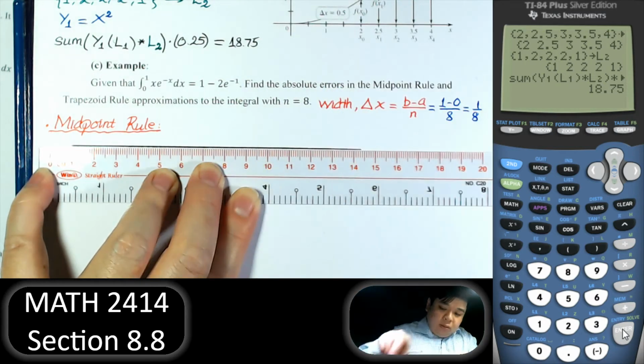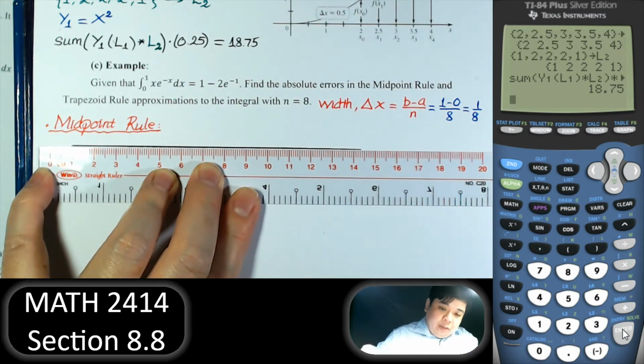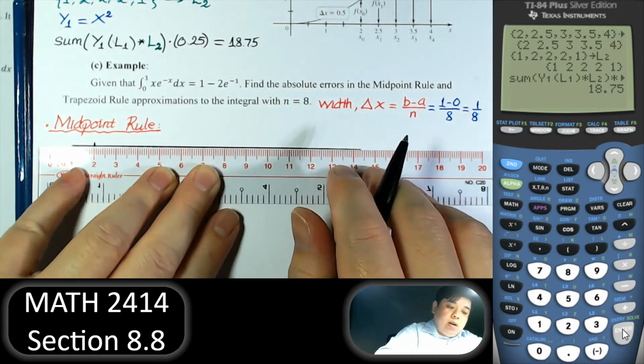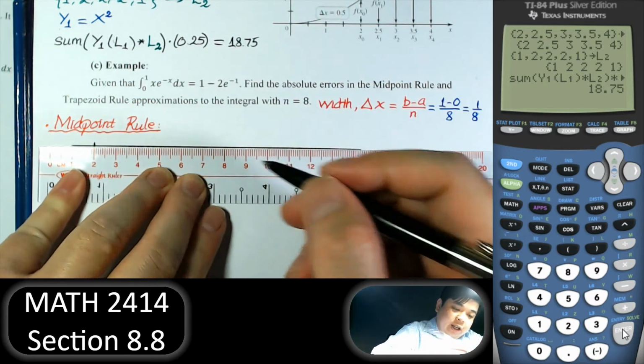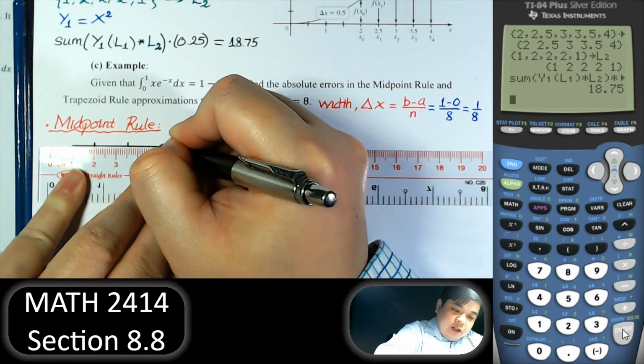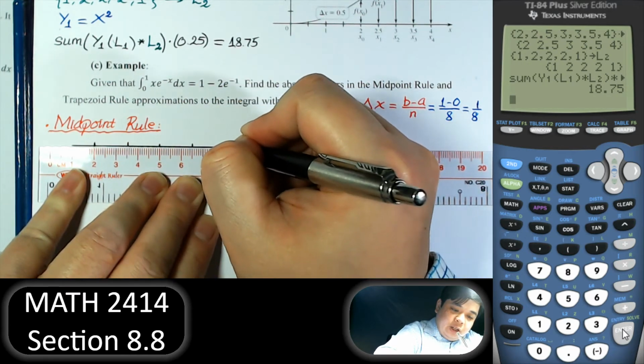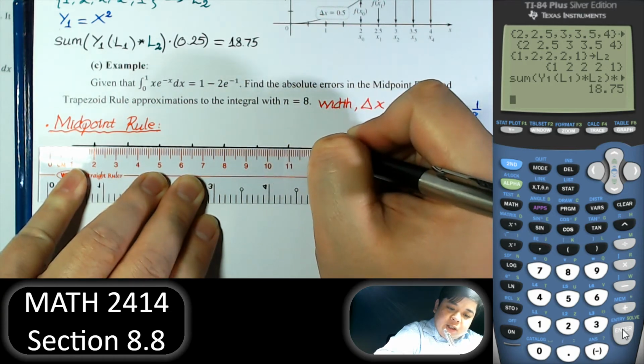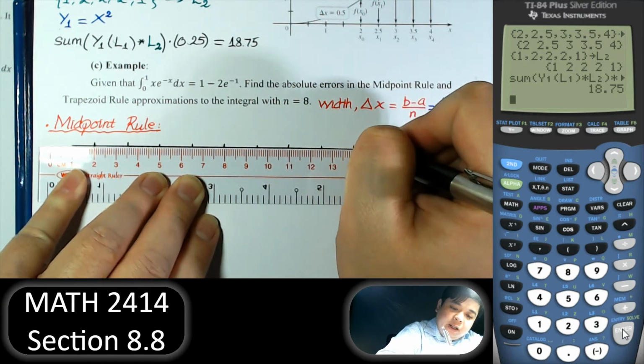Right. We start with 0, and that will be 8. 1, 2, 3, 4, 5, 6, 7, and 8.